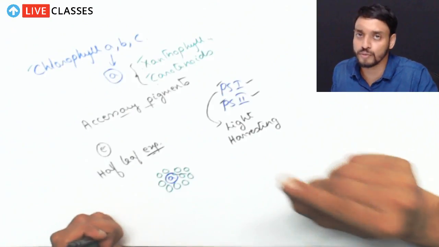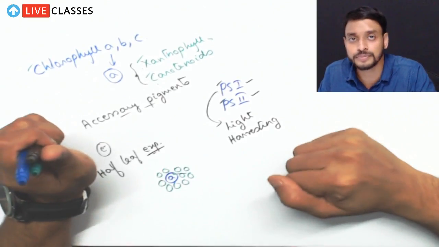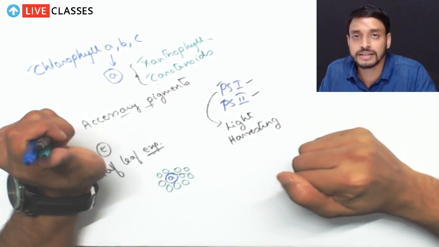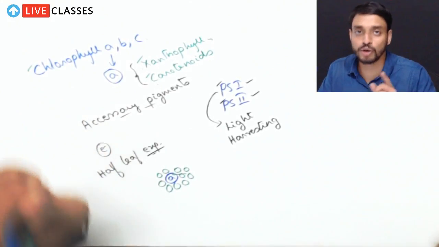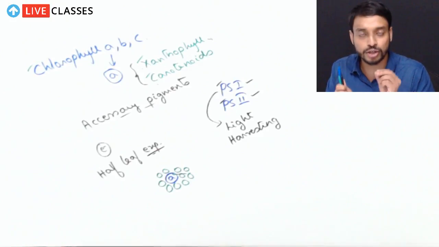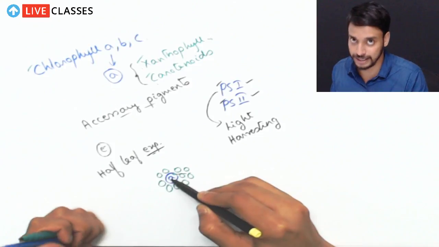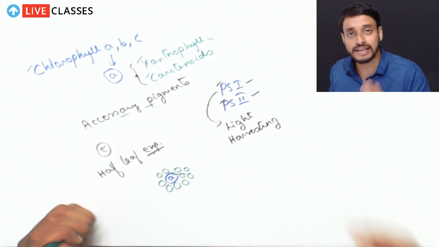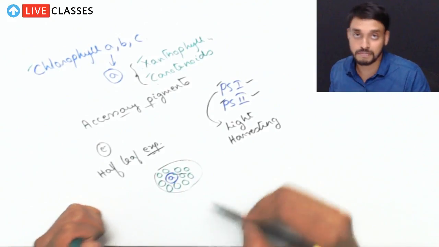Can you name which particular chlorophyll? We have talked about 3 chlorophylls: chlorophyll A, B and C. Can you name it quickly? I'm sure you can. It's chlorophyll A, right? Chlorophyll A is the boss, the center core of the reaction center. We have already talked about it. So chlorophyll A actually does the work, and these are the accessory pigments.